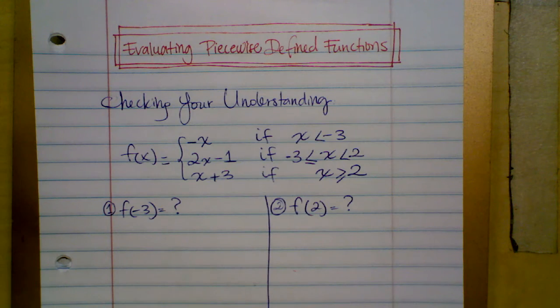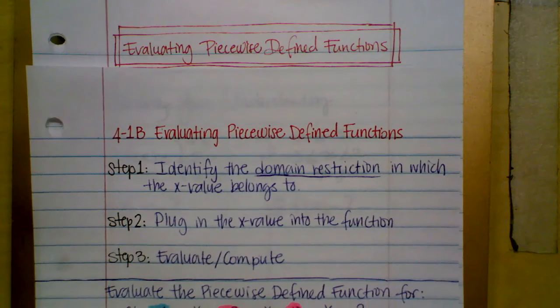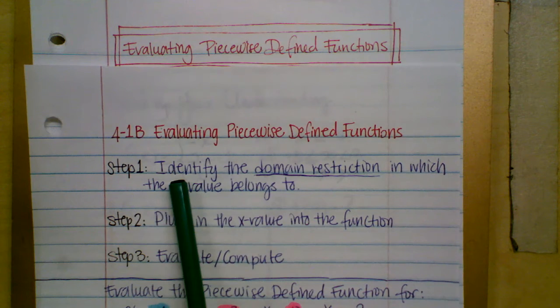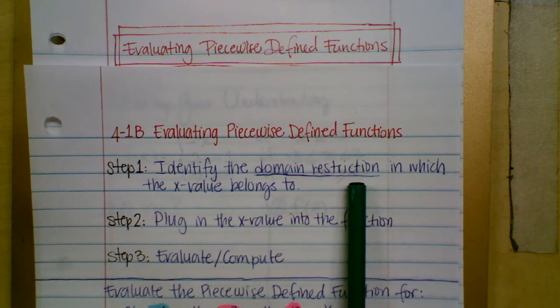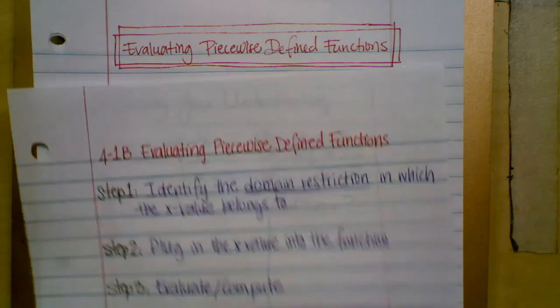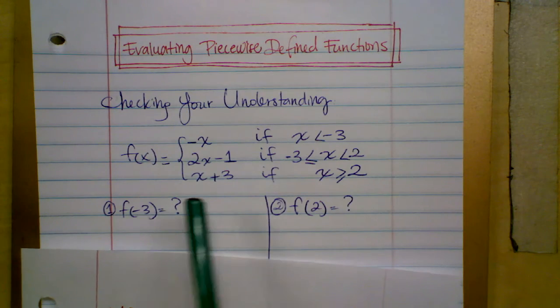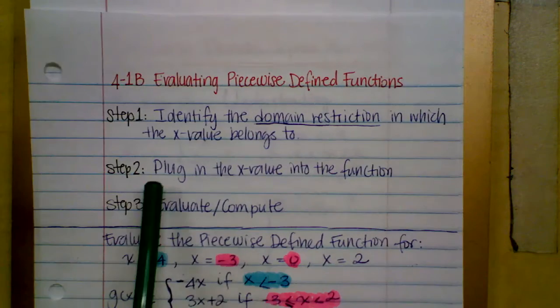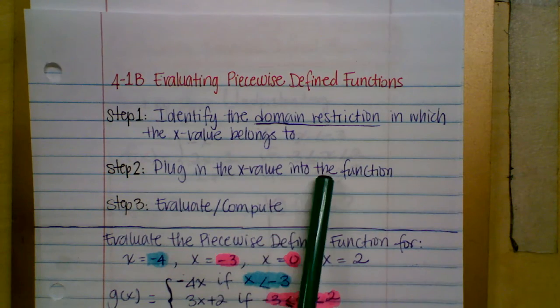To help you, let's go back over the steps again. Remember, the first step is to identify the domain restriction to which the x value belongs. For instance, which domain restriction does -3 belong to? Step 2, plug the x value into the function.